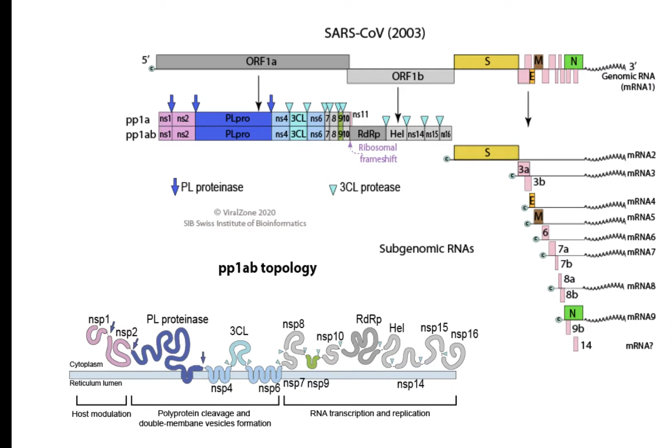So this diagram shows a bit more detail of ORF1a and ORF1b, as well as some of the other genes and proteins. The single protein that's made is a polyprotein that includes the first about 60% of the genome, and it makes different proteins, including a proteinase and proteins for transcription and replication, and the RdRp, that is the RNA-dependent RNA polymerase.